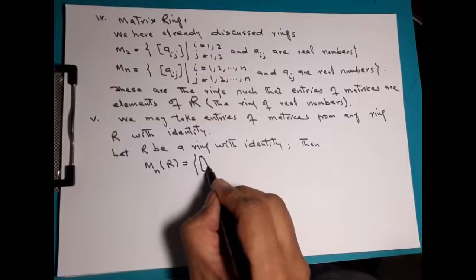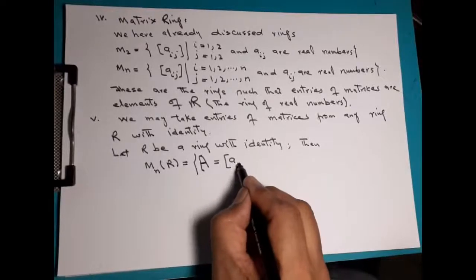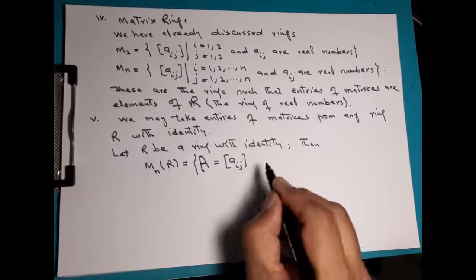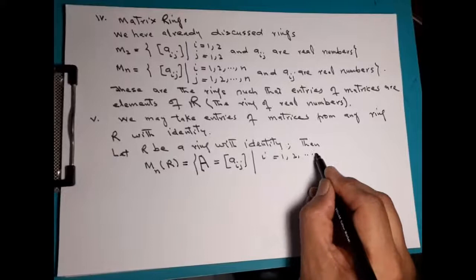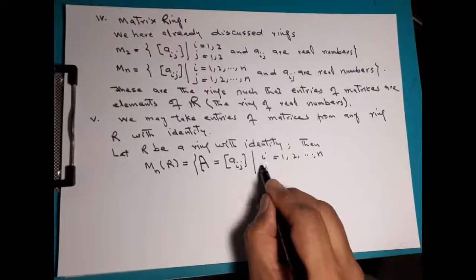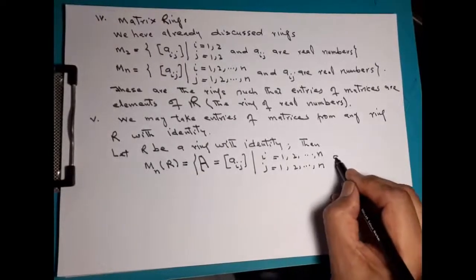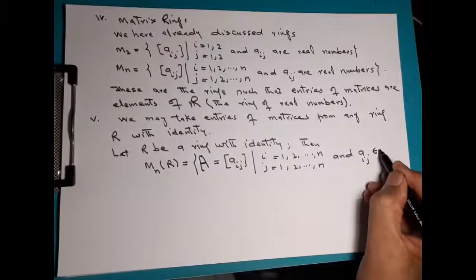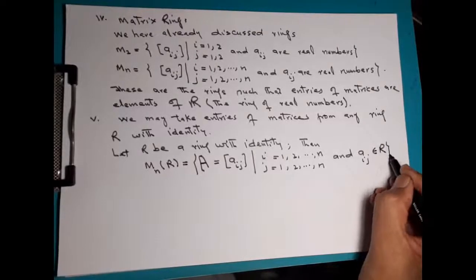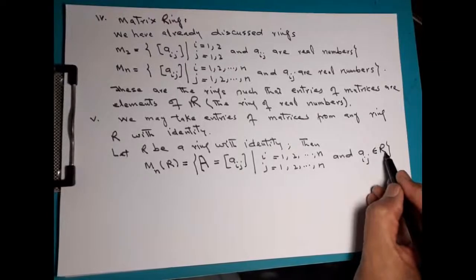Let's denote this matrix by A. A is equal to (a_ij) such that i is equal to 1, 2, and so on up to n, j is equal to 1, 2, and so on up to n, and a_ij belong to R. So this is the set of square matrices of order n by n with entries from the ring R.